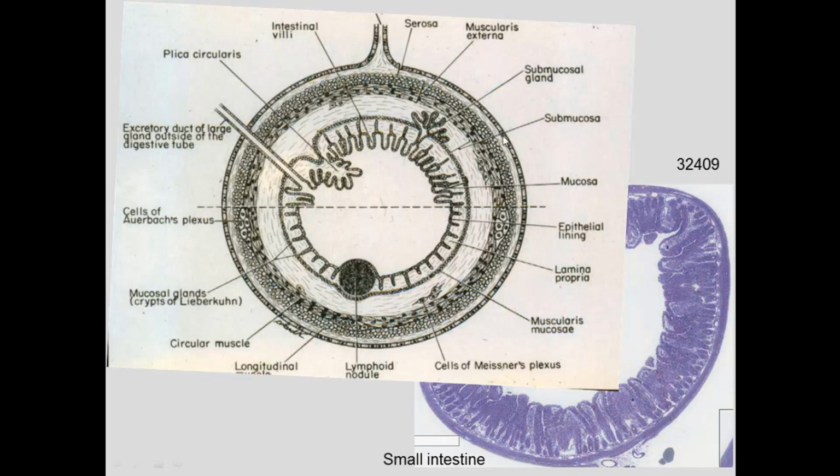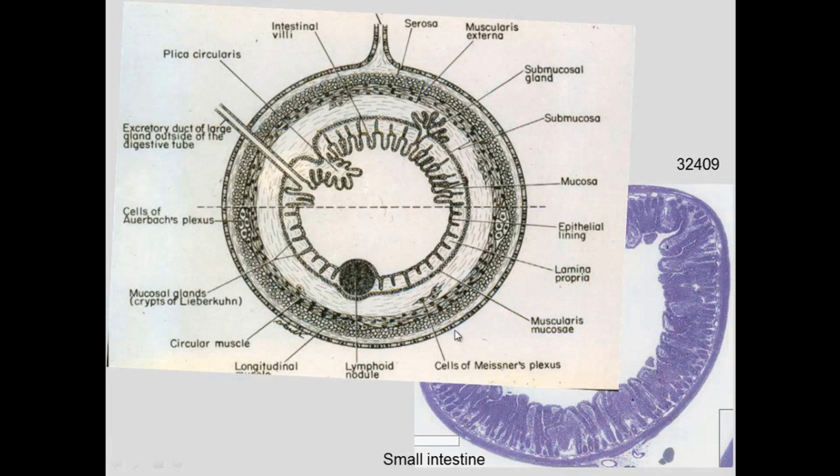Below the mucosa is the submucosa, connective tissue. Sometimes it has glands, but mostly it doesn't. Below that is the muscularis externa, the big muscle layers, the inner circular and outer longitudinal muscle that facilitates peristalsis. And outside of that is the serosa, connective tissue and mesothelial cells on the outside.